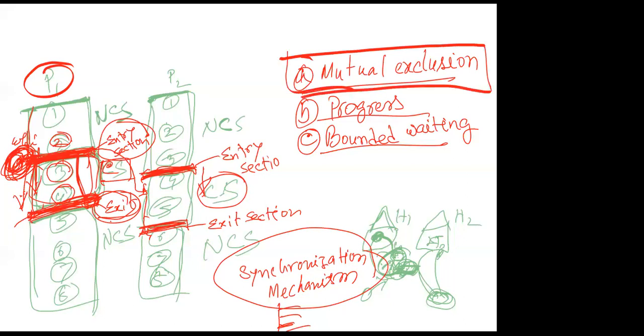What do we actually mean by mutual exclusion? By definition, mutual exclusion is the way of making sure that if one process is executing the critical section, then another process cannot enter the critical section until the executing process comes out of it.